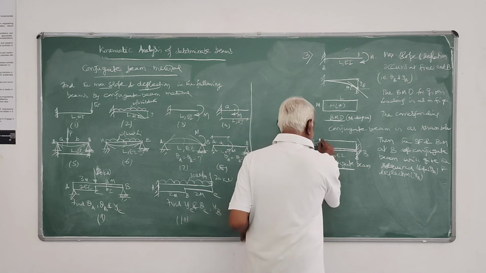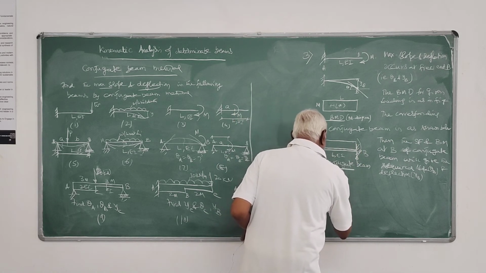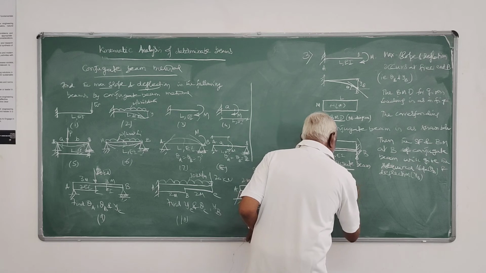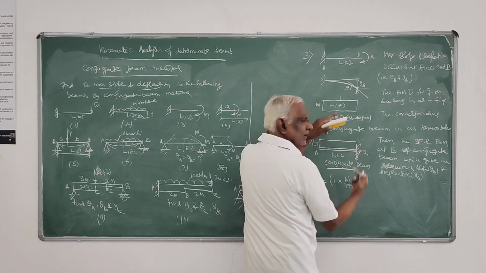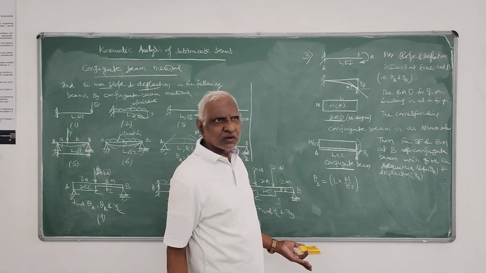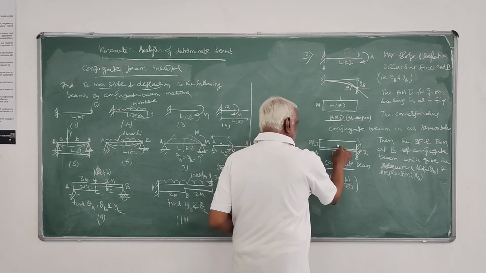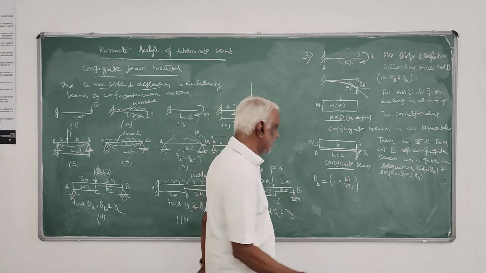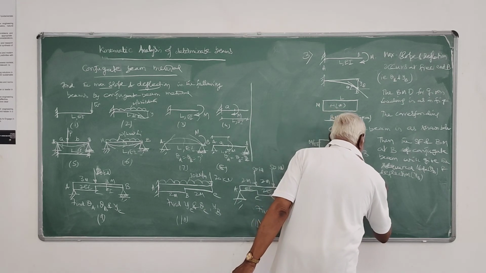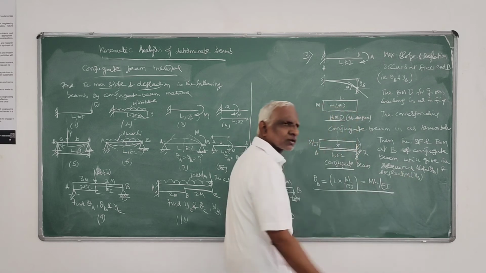This is a rectangle, so that is L into M by EI. That's all the total load, ML by EI, acting here at the center of this. So L into M by EI, that is nothing but ML by EI. That is your slope.